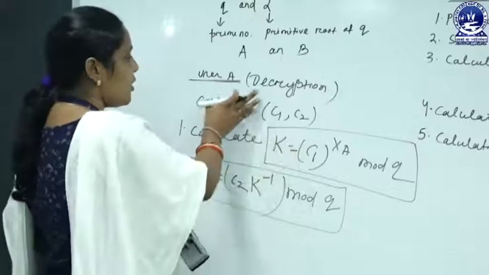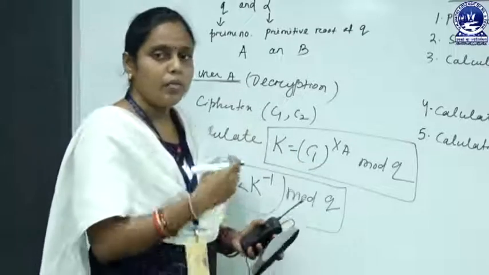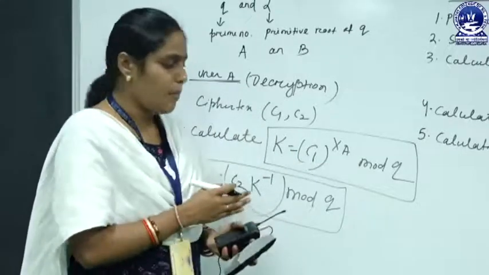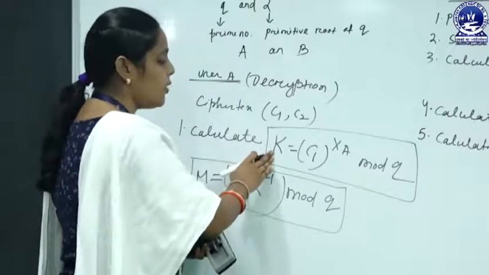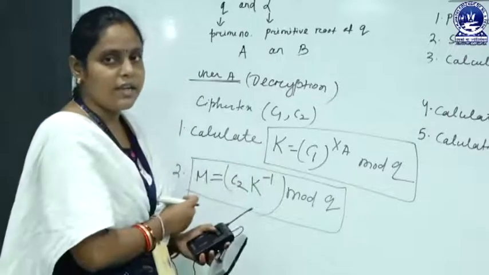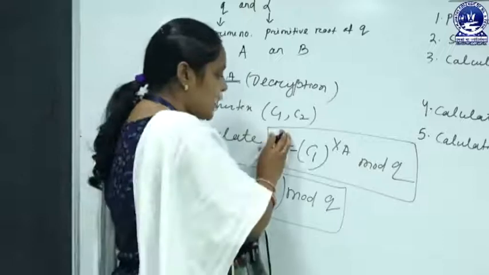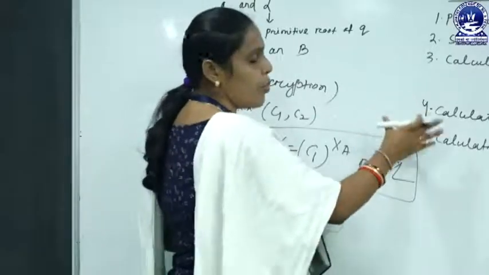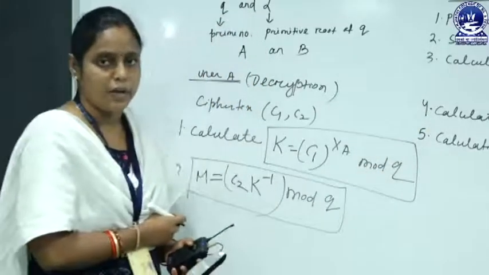When users A and B perform encryption and decryption using this secret key, the K value is equal for user A and B.